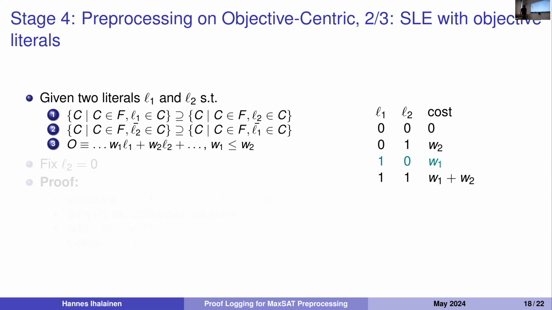Now what this means, if you think about all the assignments L1 and L2 can get, is that if we assign L1 to 1 and L2 to 0, that's always satisfying. We always get a solution. But then we also need to look at the cost of the solution.